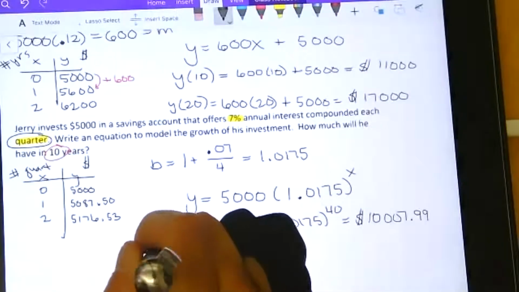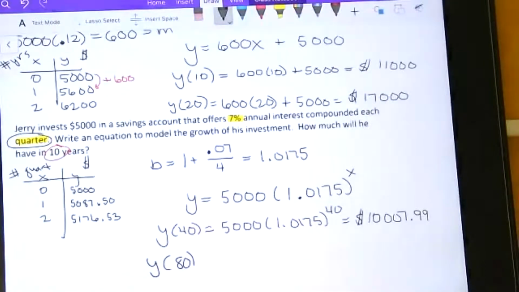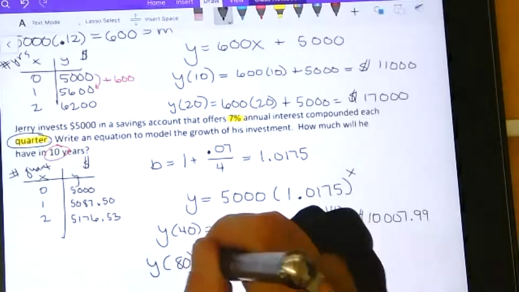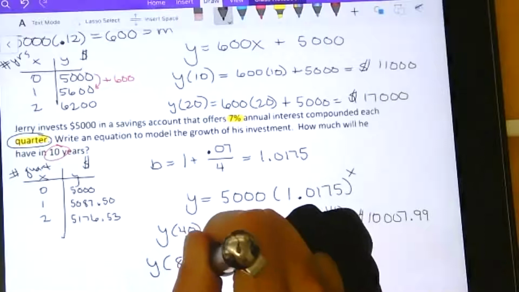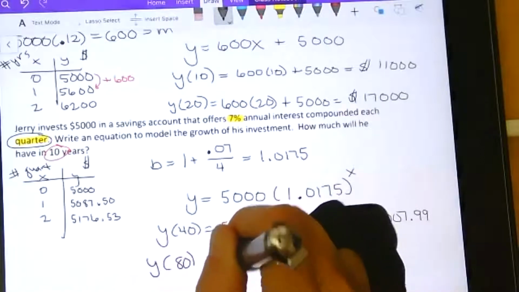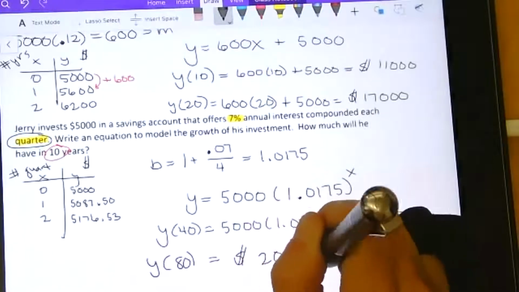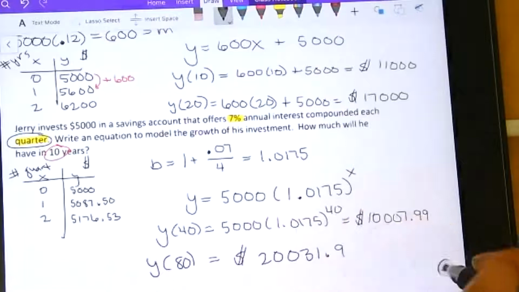Jerry, if we do 20 years, would be 80 quarters. So 5,000 times 1.0175 raised to the 80th power is, I didn't write it all out, but that's what I did, plugged it into my calculator, $20,031.96.